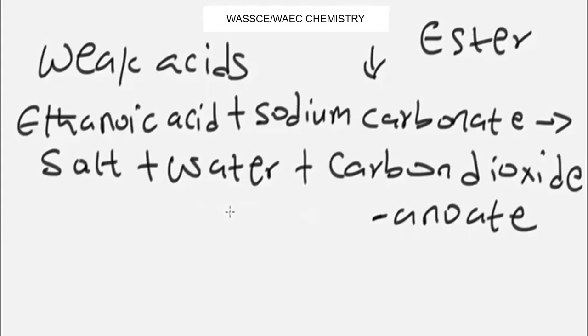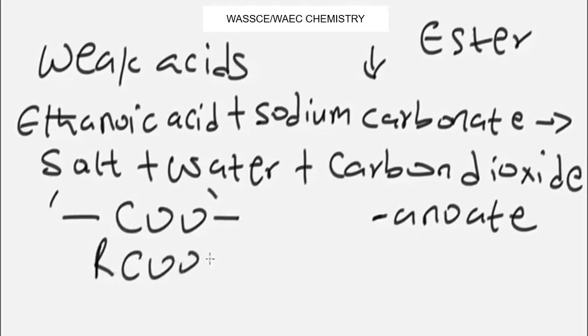Okay, now let's look at esters properly. Esters can be made from carboxylic acids. Esters have their functional group as COO. Okay, so this is the functional group for esters, and esters also have their general formula as RCOOR. So take note of this for esters.